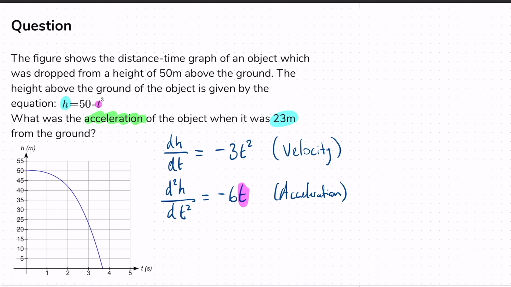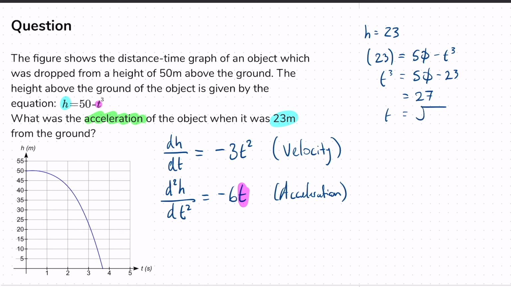We're going to substitute in height equal to 23. 23 equals 50 minus t cubed. We do a little bit of rearranging. t cubed is equal to 50 minus 23, equal to 27. t is equal to the cube root of 27, which is 3.